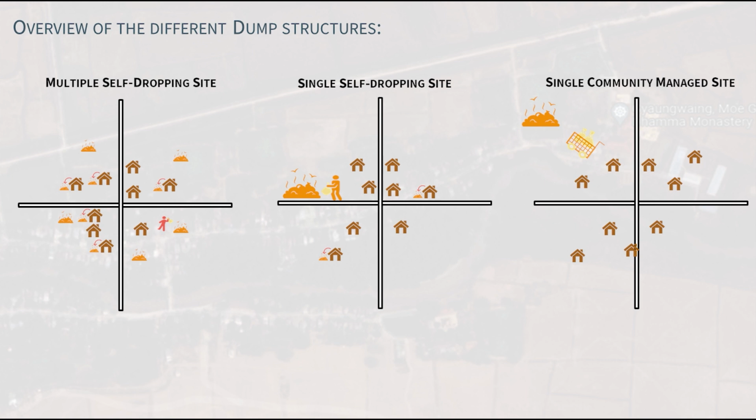So this is a good system when you have a highly motivated community. It is mostly a smaller community, because when there is too much waste, this probably does not work as well. And you also have a community with very high social integration.